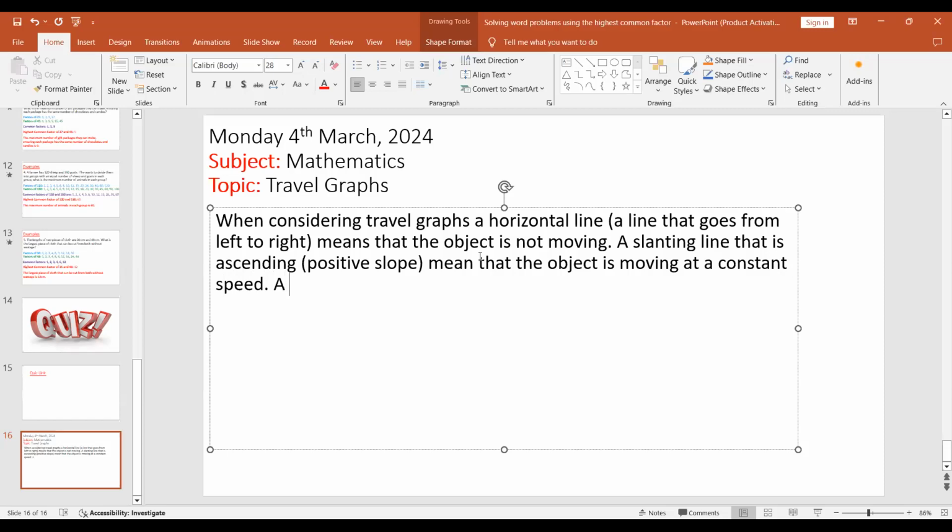And a slanting line that is descending, meaning you have a negative slope, means the following.